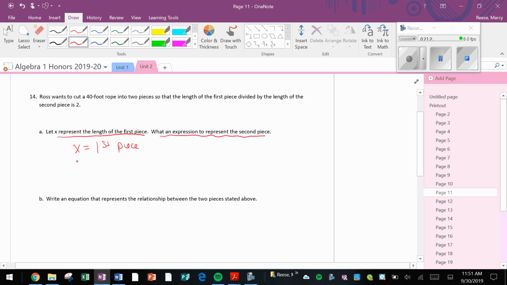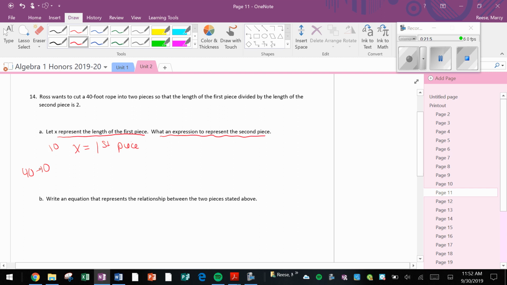Okay. So let me say this to you. If I've got a 40-foot rope and my first piece is 10 feet, then what's my second piece? Wouldn't it be 30? Right? So if my first one was 10, my second one would be 30, because really all you would do would be 40 minus 10. True?